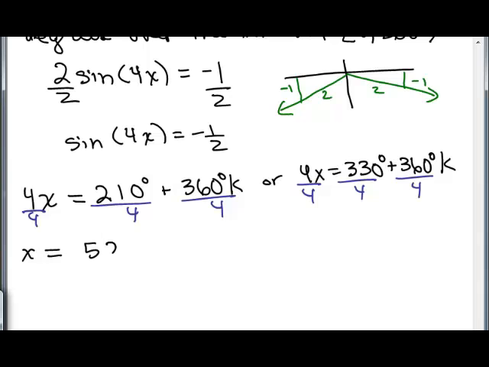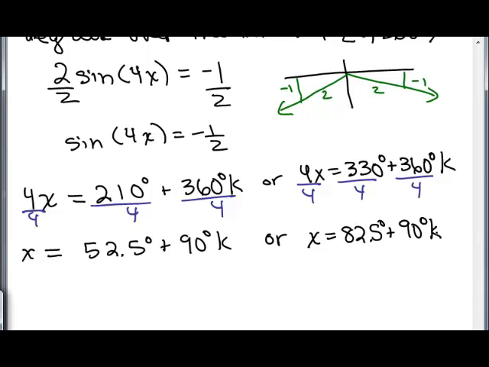So that's 52.5 degrees plus 360 degrees divided by 4, which is 90 degrees K. Remember, K is going to be an integer. Or we have to do 330 divided by 4 as well, and that will give us 82.5 degrees plus 90 degrees K.